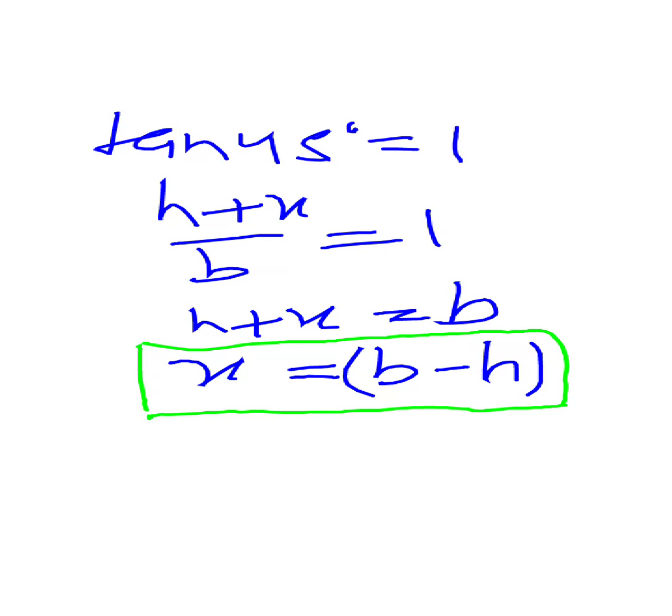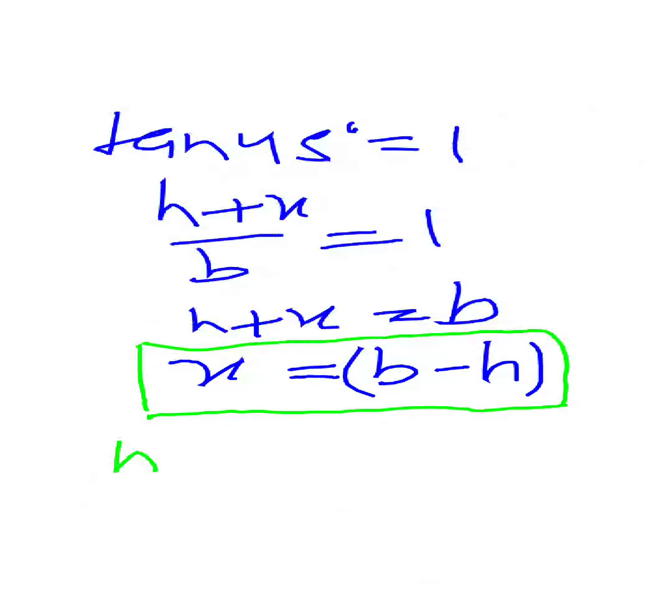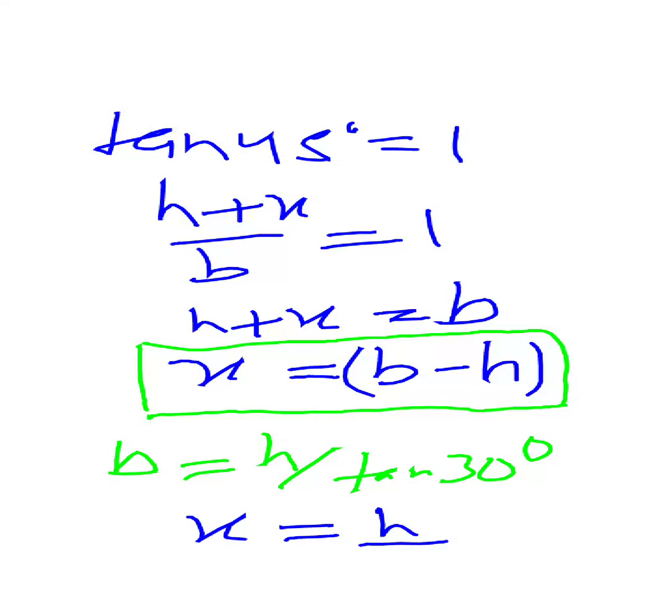Okay, in this particular case. And how you can find out the b, देख लो अब आप, है ना. b is equal to h by tan 30, ये हो गया. Okay, now if you put it into this above equation, it will come out to be x equal to b, which is h by tan 30, minus h, and h you already know, getting it.